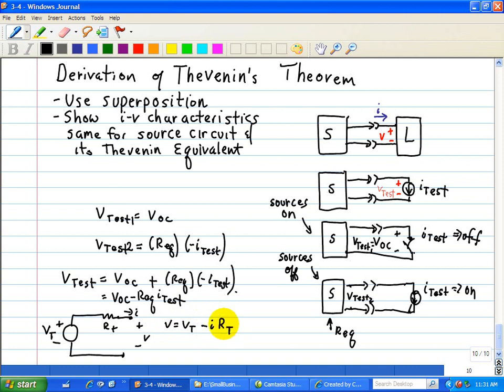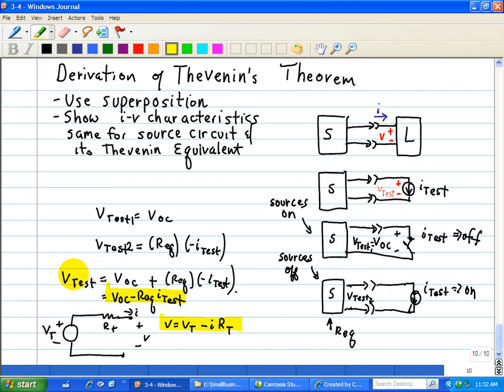Now when we compare this equation with this equation, you can see it has the same form when we use this V test and I test to derive our V tests and our I tests.